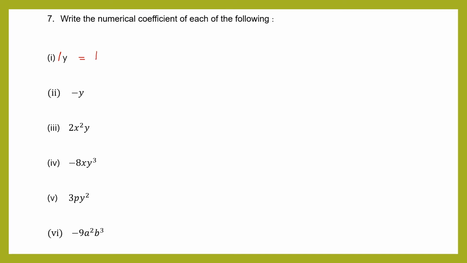Here there is minus 1y, so the numerical coefficient is minus 1. Here the numerical coefficient is 2. Pick out only the number. Minus 8 is the numerical coefficient. 3 is the numerical coefficient. Minus 9 is the numerical coefficient. So pick out only the number.